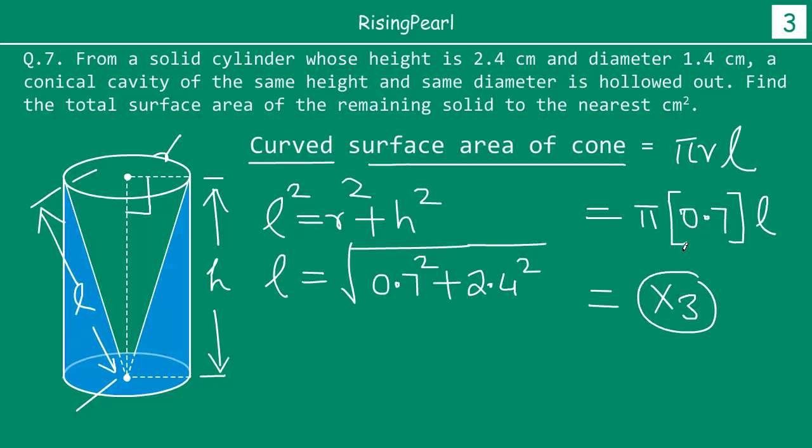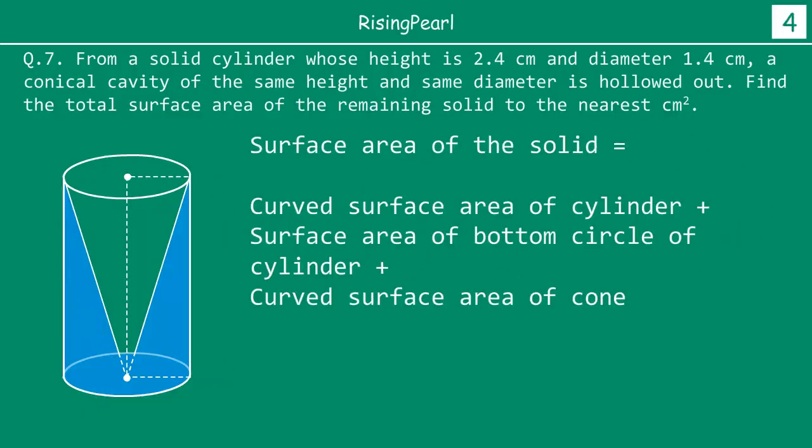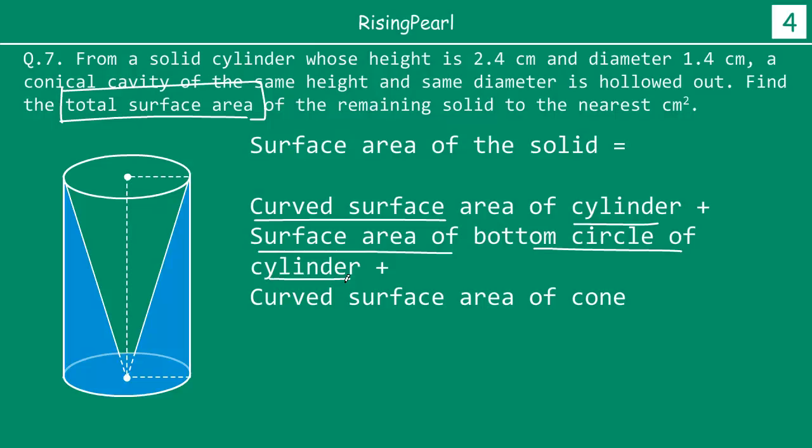So we have found the three separate areas using different formulas, one by one. If we look at our question now, the total surface area that we have to find out is nothing but the sum total of the curved surface area of the cylinder plus the surface area of the bottom circle of the cylinder plus the curved surface area of the cone.